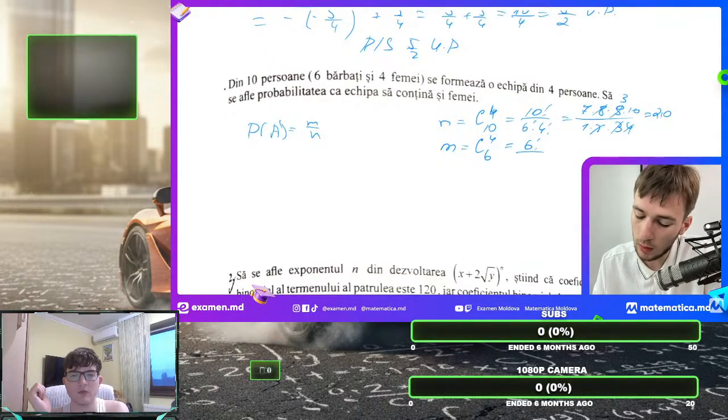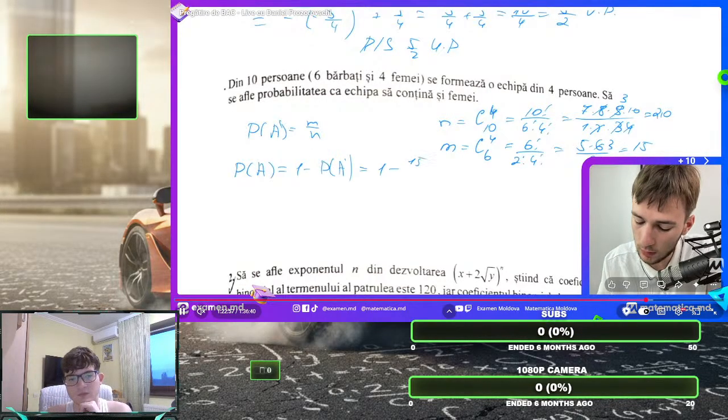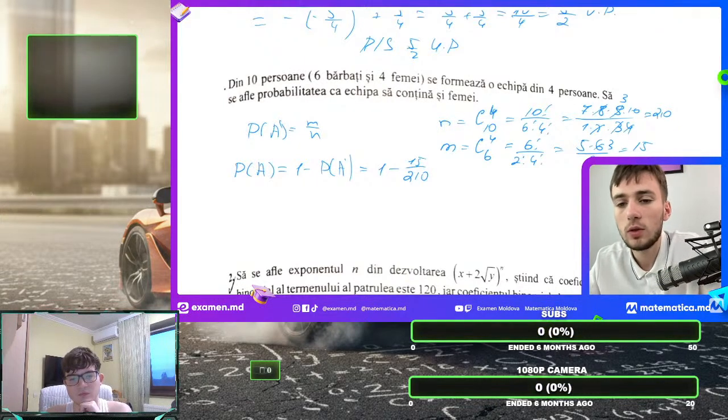It's only that or what? That's it? One minus this, why? I mean, this is a method, but I want to see if my method works too. We can calculate that. I think we can.